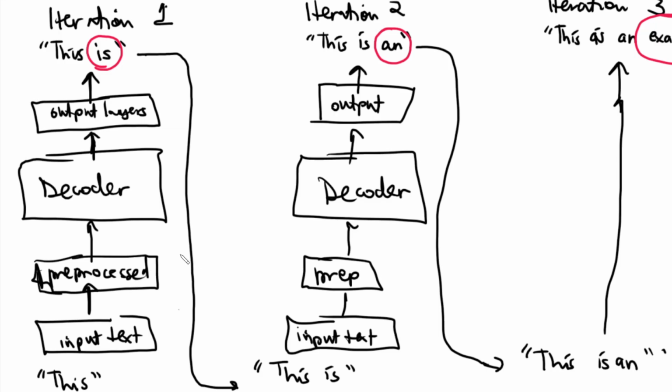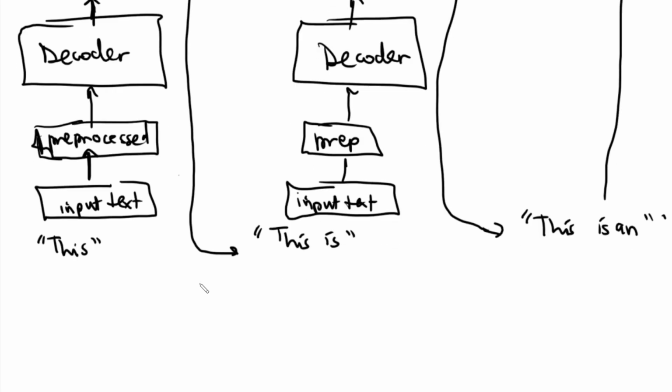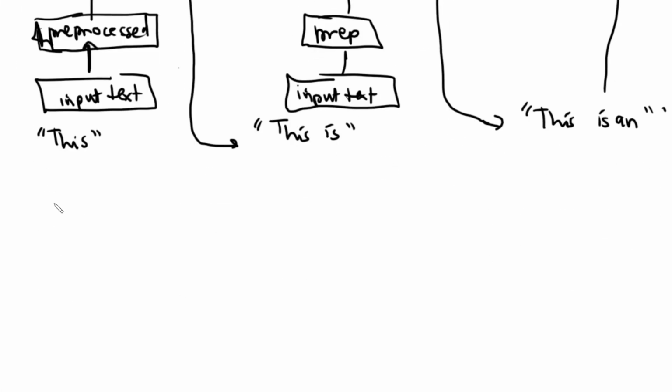The GPT-3 model that we are talking about here is much larger than the original one. The original model had, I think, six decoder blocks.